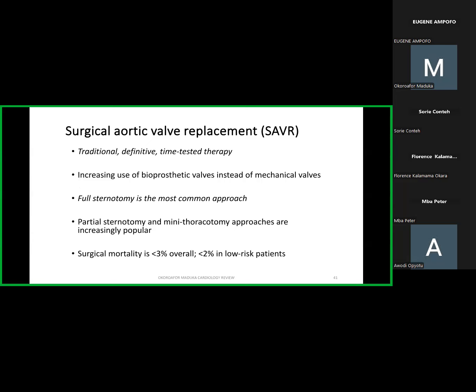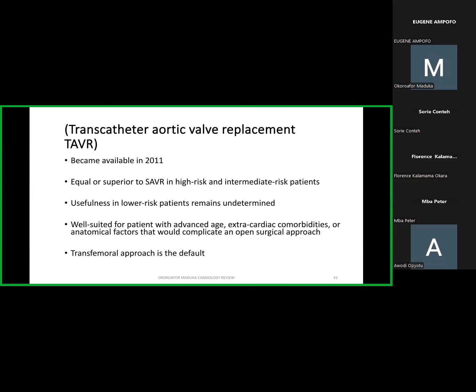Full sternotomy is the most common approach, even though people are beginning to use the partial sternotomy or mini thoracotomy approach, and surgical mortality is usually less than 3%. The transcatheter aortic valve replacement became available in 2011. It's currently said to be equal or superior to surgical aortic valve replacement in high risk and intermediate risk patients.